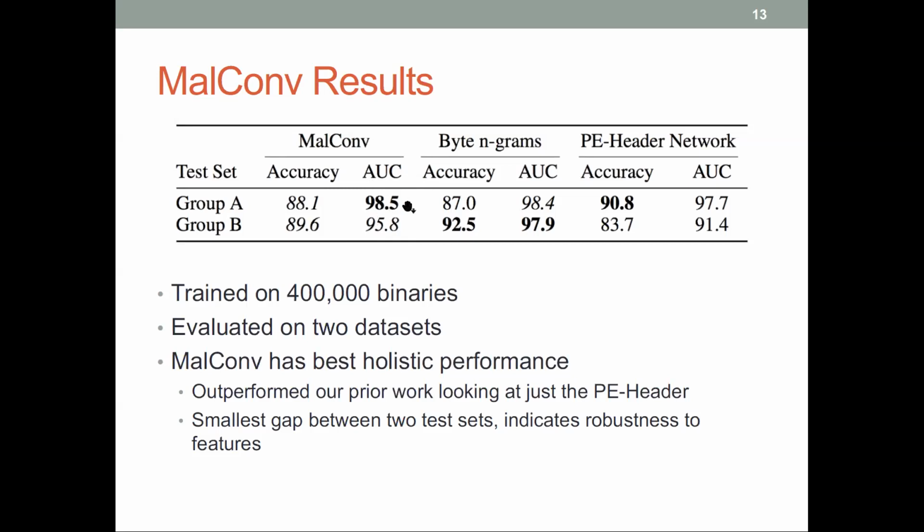The higher it is, the more trustworthy, the more reliable the model becomes. And you can see that the highest AUC value belongs to MalConv when tested on group A.